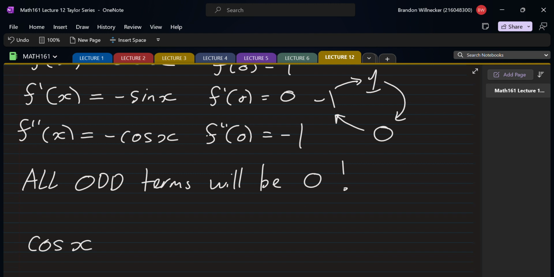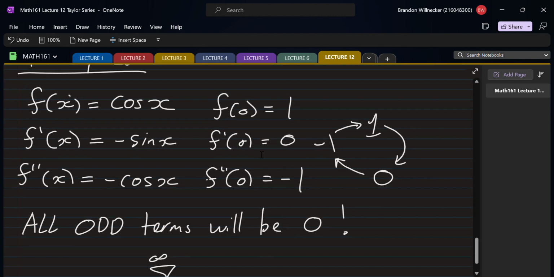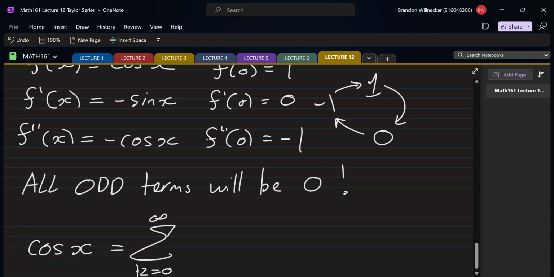We can start with cos x equals the sum from k equals 0 to infinity, and now we want to find the kth derivative here. The first term, or the 0th term, is equal to 1. Then the second derivative is going to be minus 1, and so on.